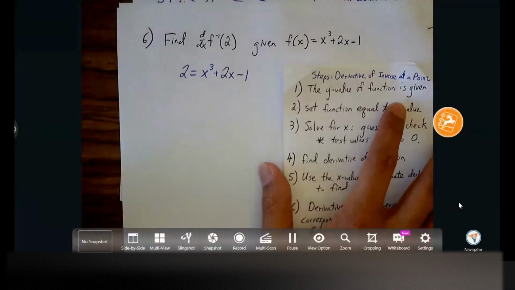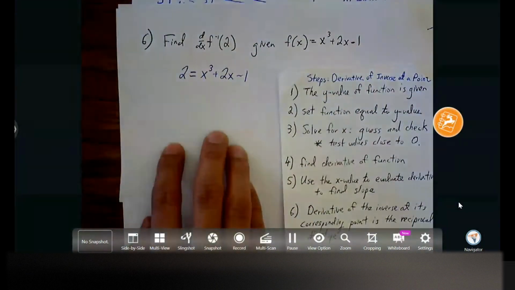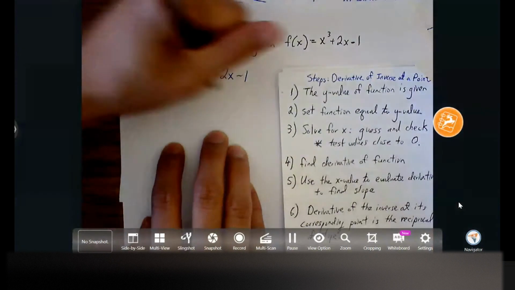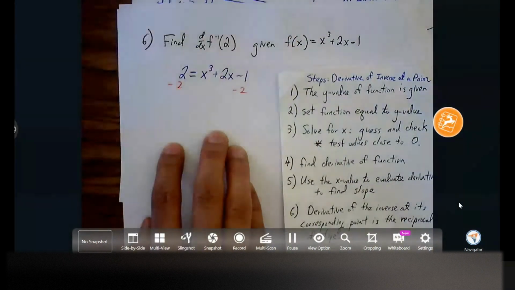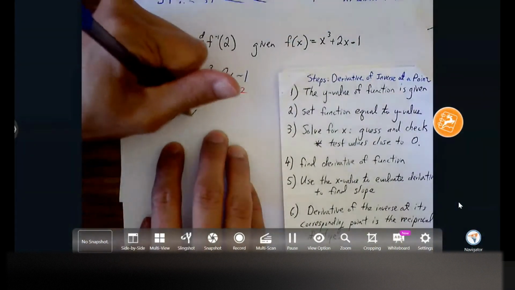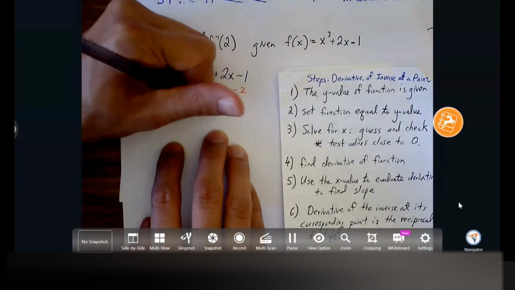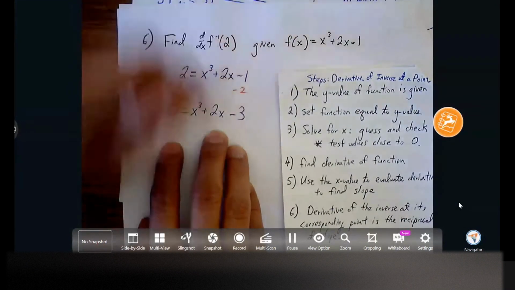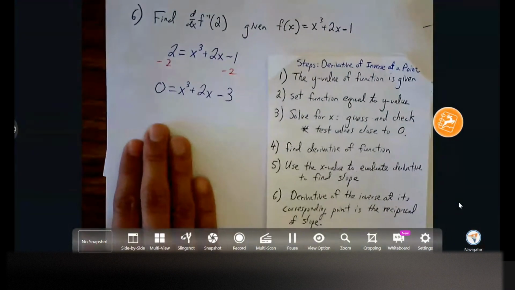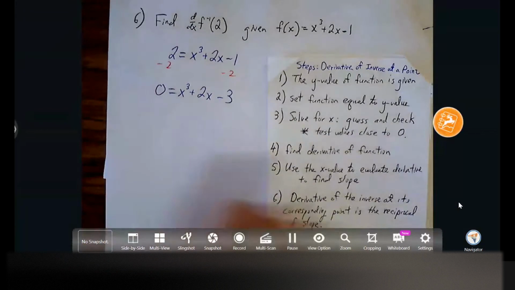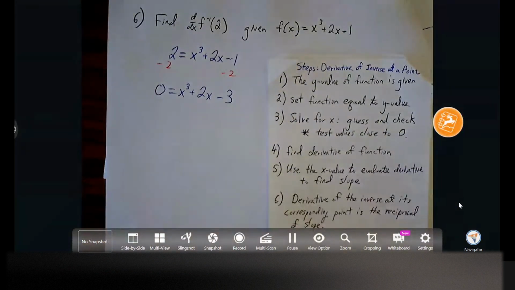So to make it easier to do guess and check, let's just bring the 2 over to the right side. Let's test values close to 0 and see what x value can be.